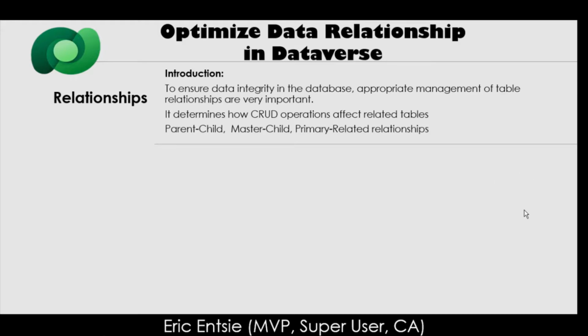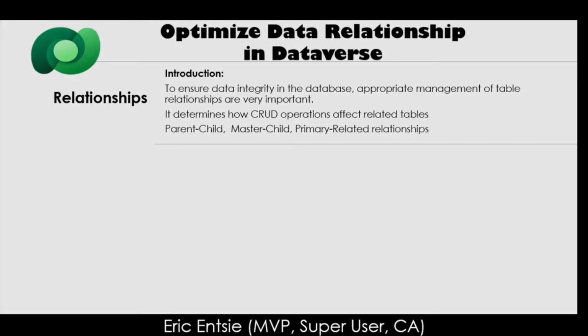Now to ensure data integrity in the database, we have to make sure that there is good management of this relationship, because the relationship actually determines how we can create, write, update and then delete operations, and how they relate to the other tables.